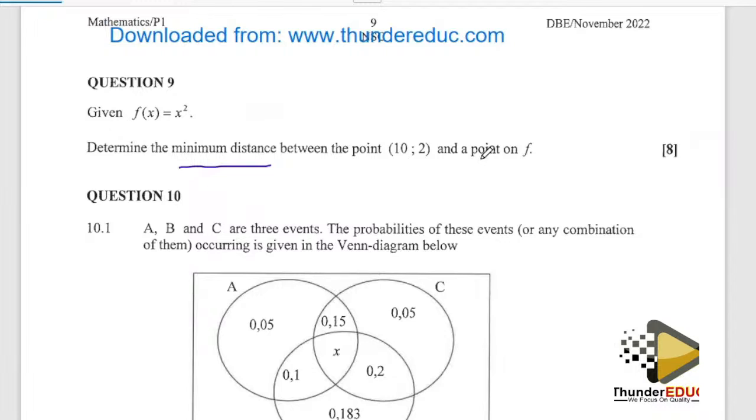One thing we need to know is that x squared is just a normal parabola passing through the origin. That is x and this is y. That is our f.